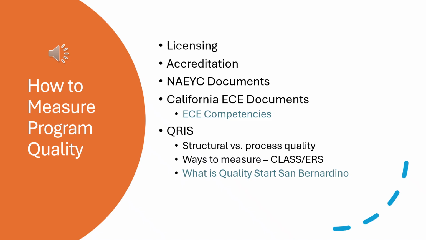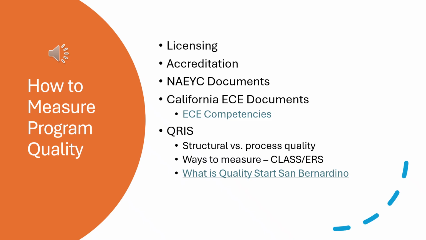Finally, a very popular way to measure the quality of programs is to do something called a QRIS. A QRIS is a quality rating improvement system. I actually happen to work for both the County of San Bernardino and the County of Riverside on QRIS systems.